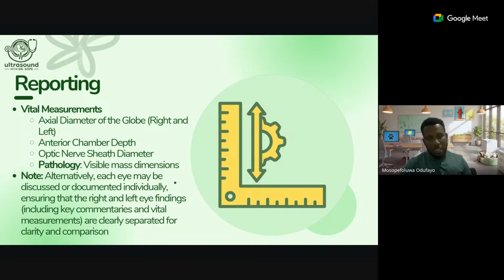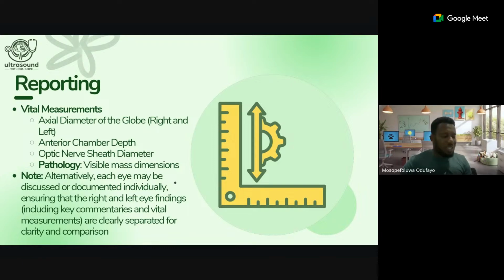Can take the anterior chamber depth. That is also nice. Then the next thing you should take is your optic nerve sheath diameter. That's also nice. Take it. Then the next measurement is of any visible pathology or any visible mass. Take its extent, its limits. Is that okay?